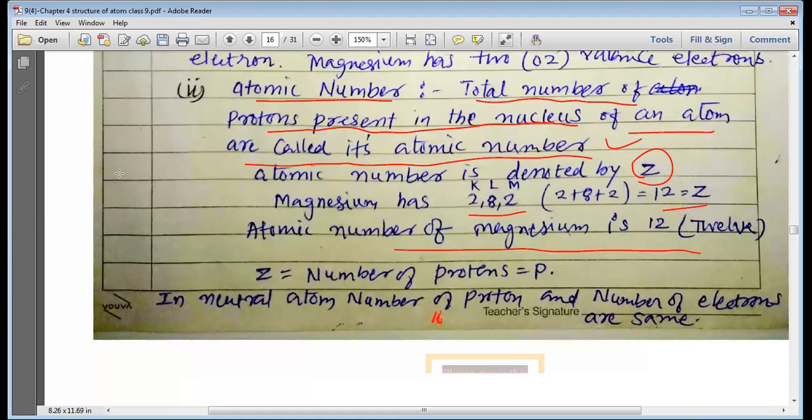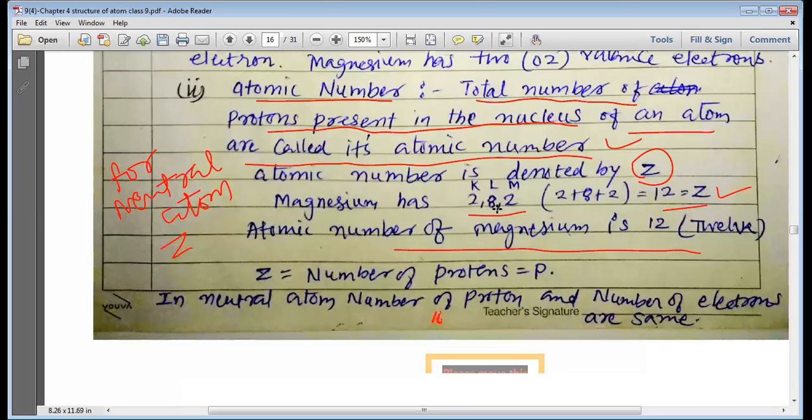For a neutral atom, the atomic number Z can also be calculated from its electronic configuration. For a neutral atom, the number of protons and the number of electrons are the same, and that is why by adding the number of electrons we also get the atomic number.